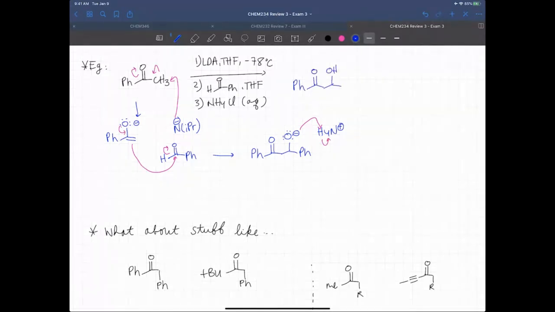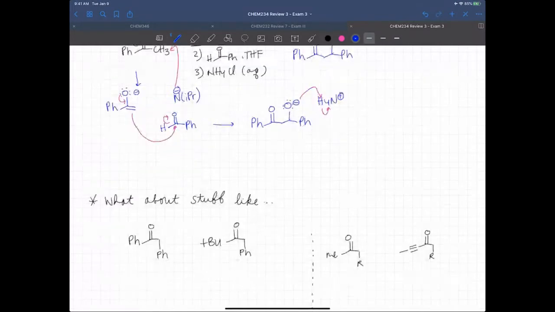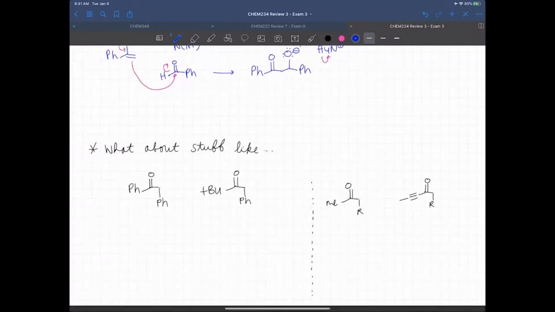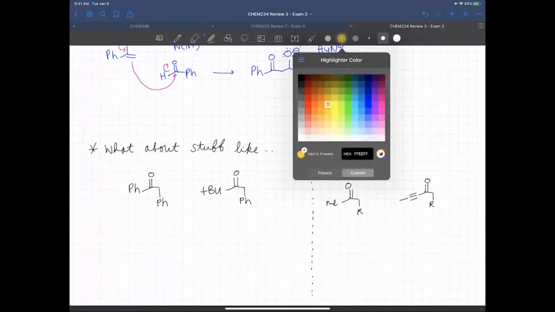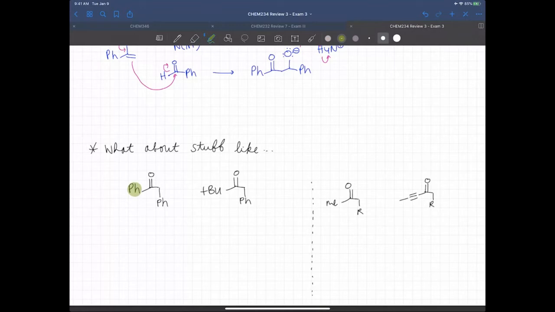All right, now if I start working with more complicated molecules, like the one you see at the bottom, you have to start taking into consideration the R groups next to it. Let's look at this right here. I have phenyl, I have tert-butyl. Are they big or small R groups? Big, right?